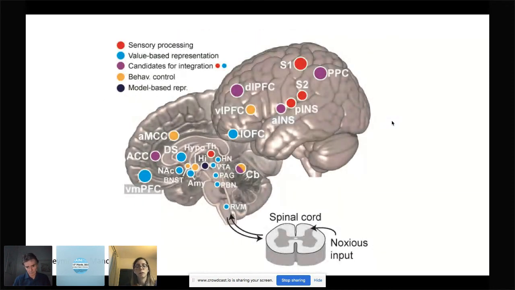And by doing this, we can start understanding the neural basis in more detail. What are the specific functions that different brain regions that are part of the pain matrix are carrying out?